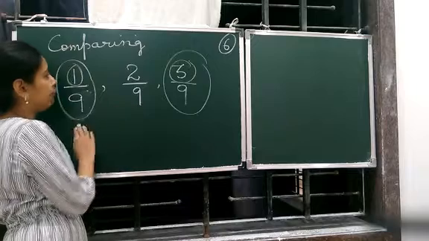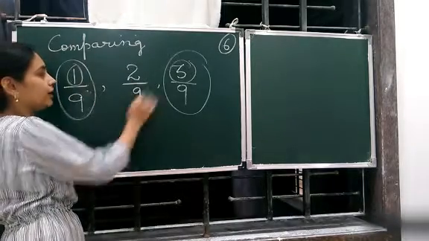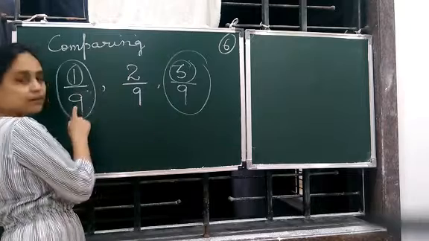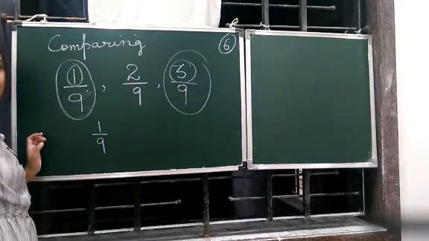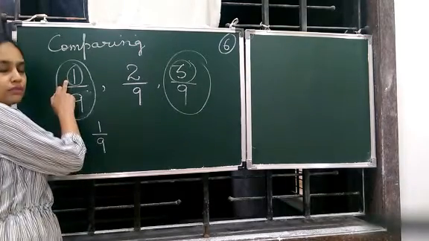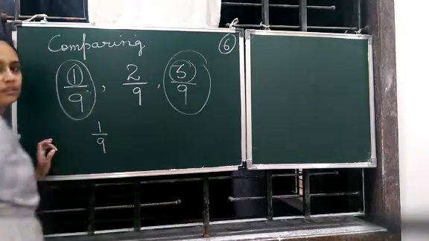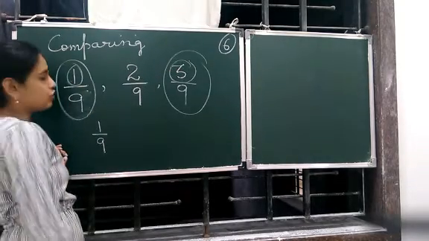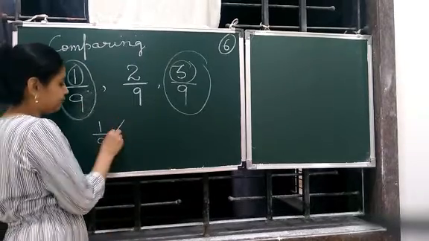So here when we compare, who is smaller, 1 by 9, 2 by 9 or 3 by 9? 1 by 9 is smaller. Why is 1 by 9 smaller? Because the numerator here is the smallest when we compare the three numerators given in the question when the fractions are like. Okay.